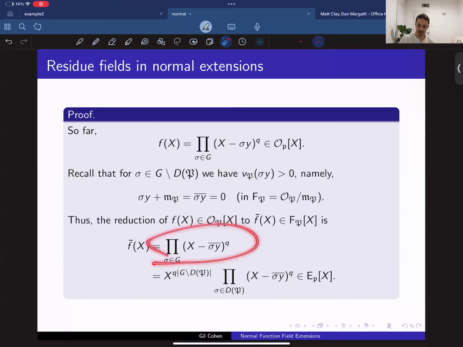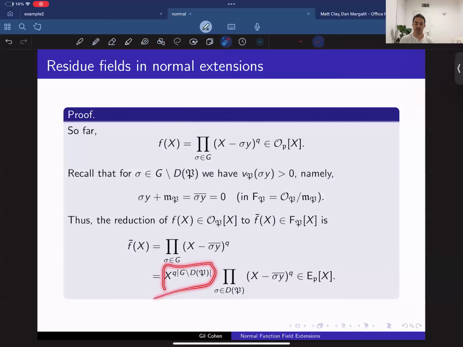So you have this thing, and now because of what you just said, when sigma is not in the decomposition group, this thing goes away, right? Because it's 0, and so you'll get just x to the q, and the number of times you get x to the q is exactly how many elements in the group you have that are not in the decomposition group.